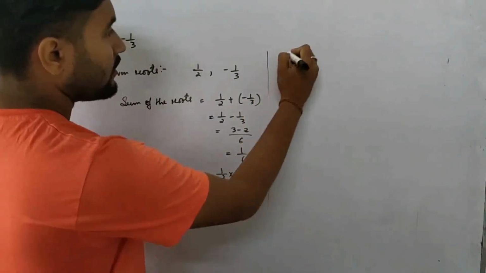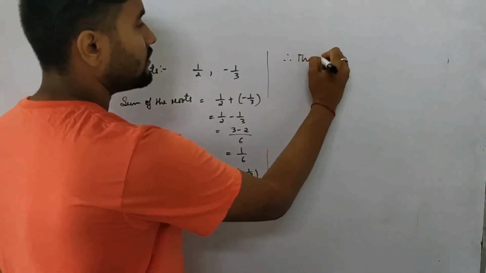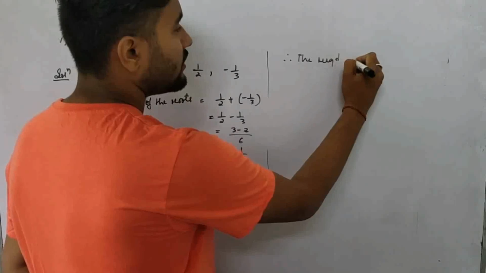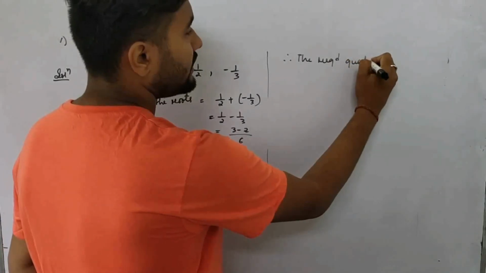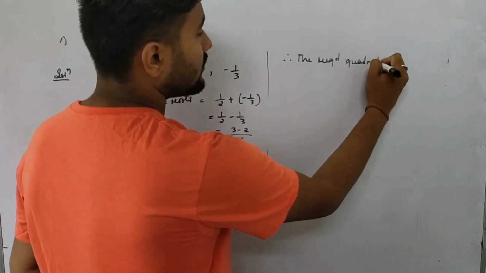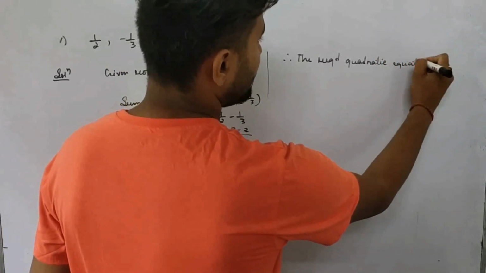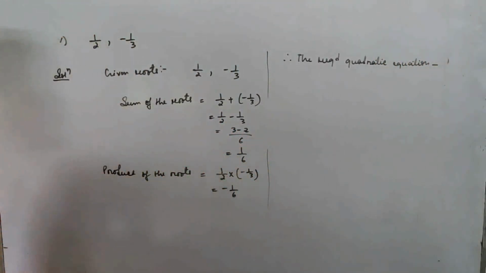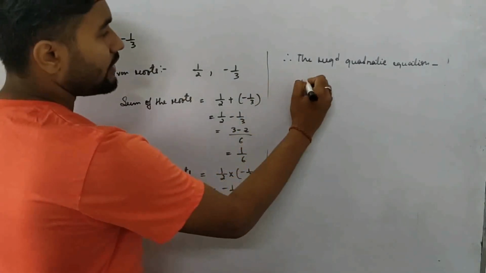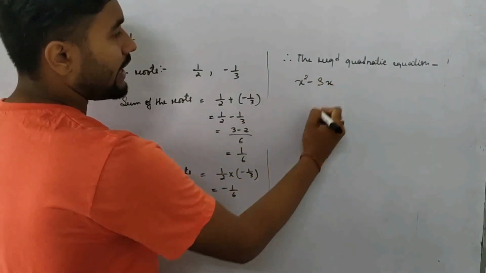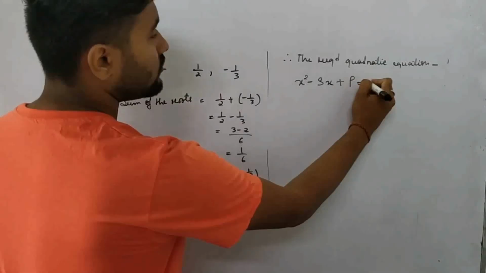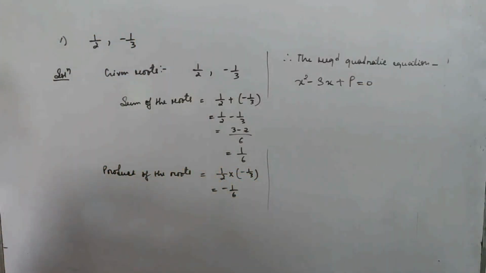So therefore the required quadratic equation will be x square minus sum of the roots x plus product of the roots is equal to 0.